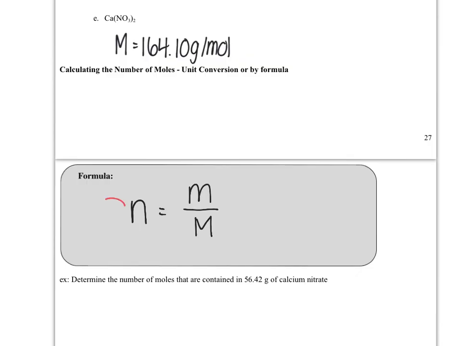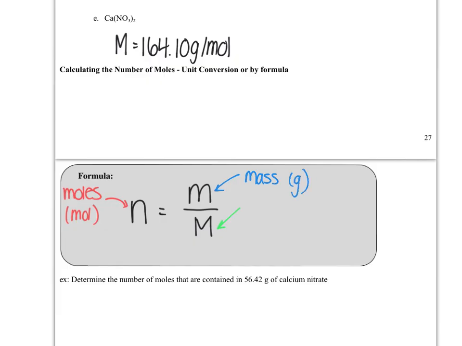The letter n stands for moles. It is the symbol in our equation for moles. The unit here is mole, or mol, a short form of moles. And to calculate the moles, we take little m, which stands for mass. The mass is always measured in grams of that compound.